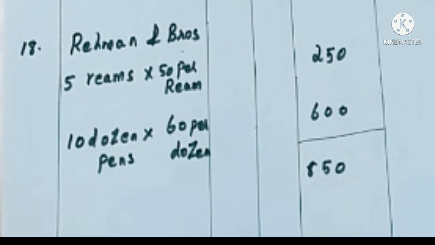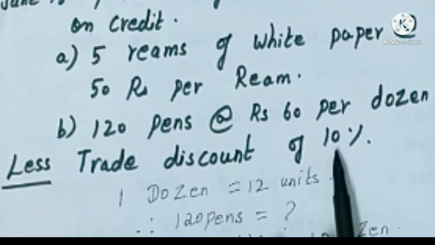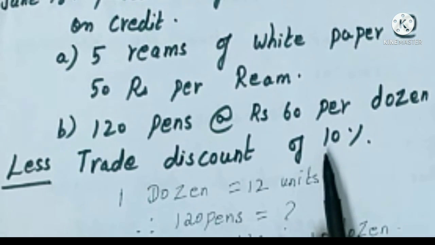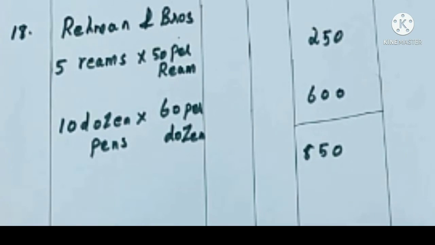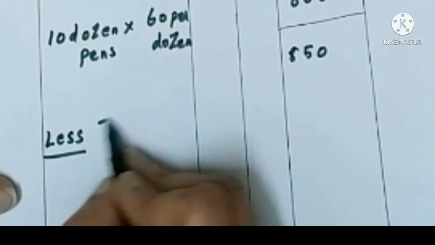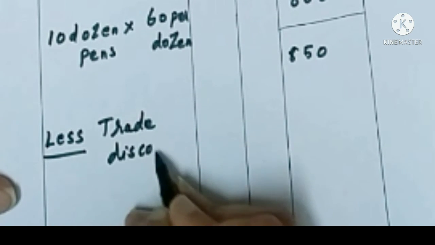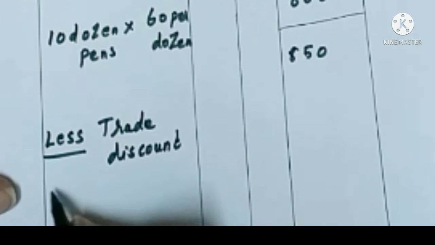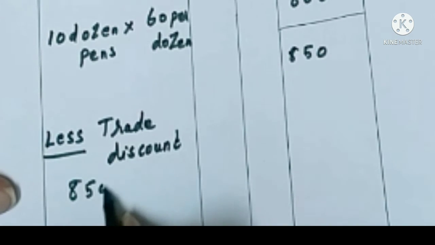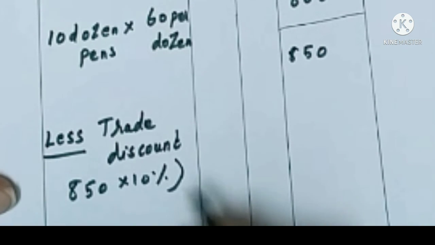Then trade discount is given at 10%. So we have to find the trade discount. So less trade discount. This 850 into 10% trade discount.